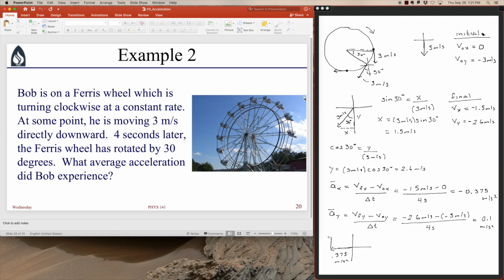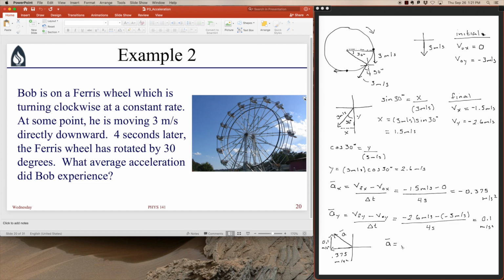So in the y direction, the component has a value of 0.1 meters per second squared. And then if I add the two components together, I get my average acceleration.